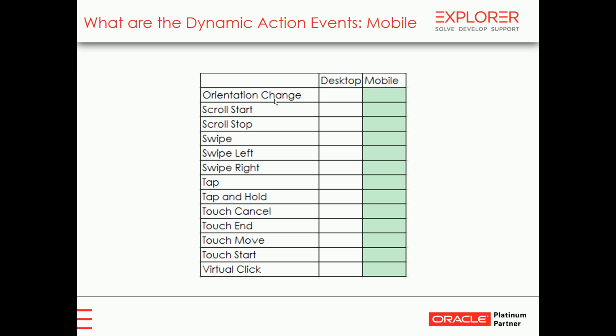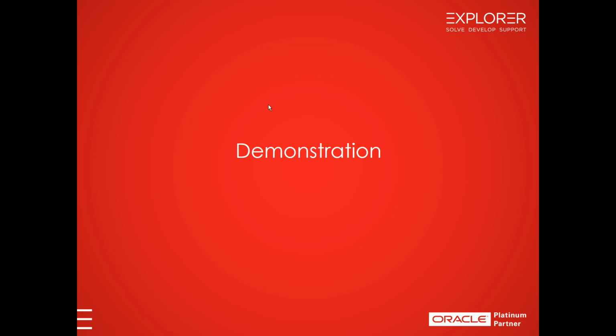So we have orientation change, and we have the different swipe, tap and touch, including a virtual click dynamic action event. Okay, so we're going to show you a demonstration now which will cover all the dynamic action events and all of the true actions which are also possible.